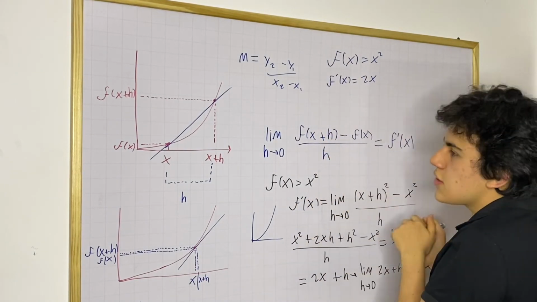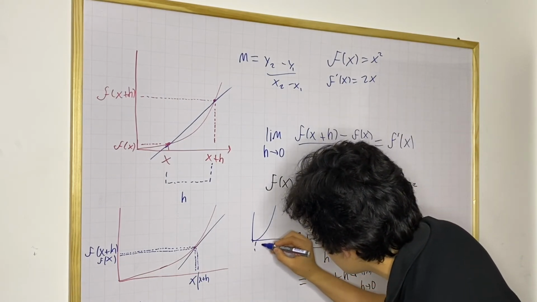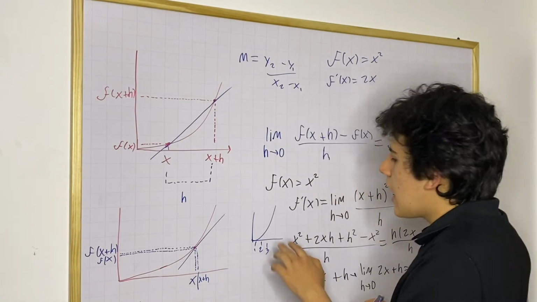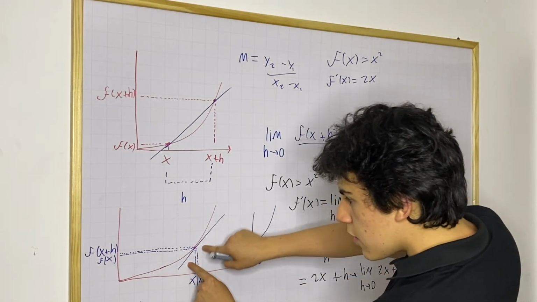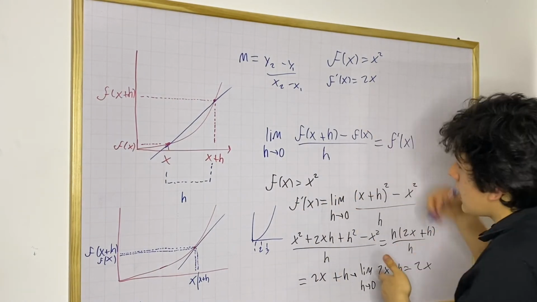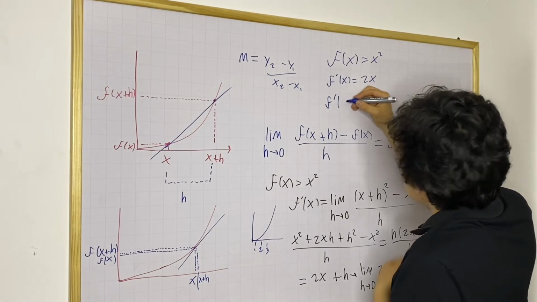Now, if you have a parabola, in this case, you have 1, you have 2, you have 3, you have all the values that you want. If you want to find the slope of the secant line, you can just simply evaluate f prime, the derivative.